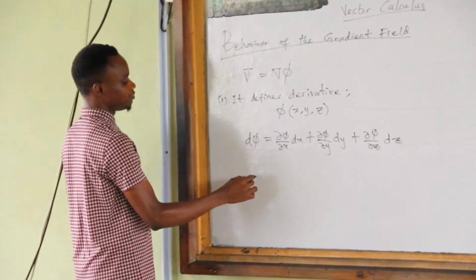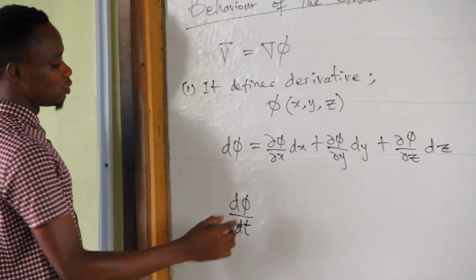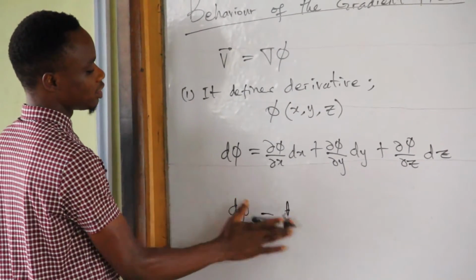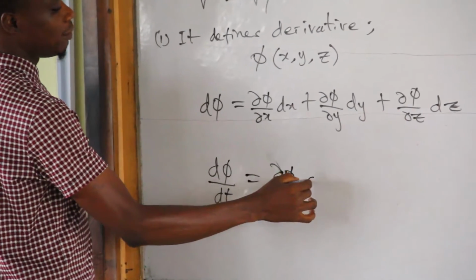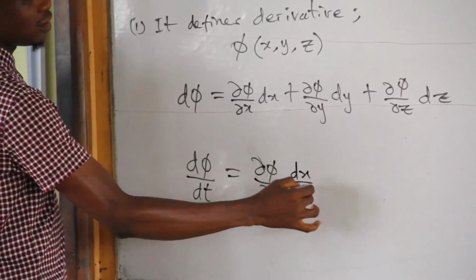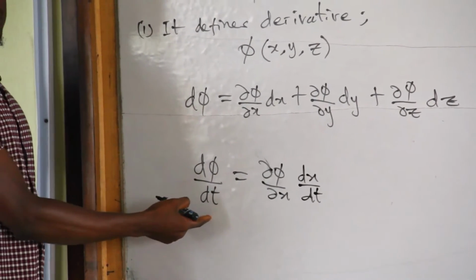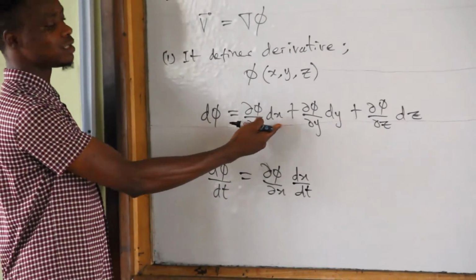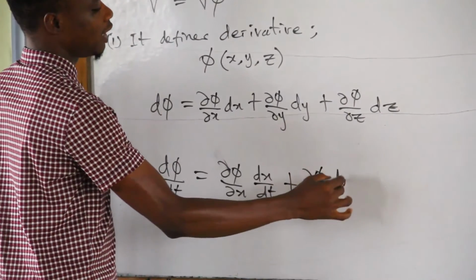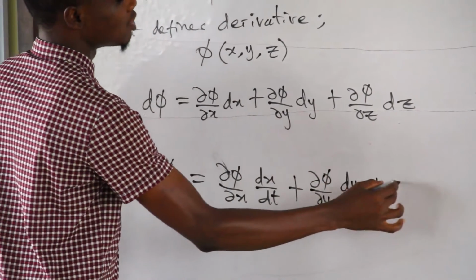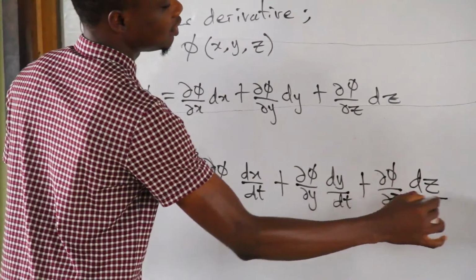For instance, if I desire the derivative of phi with respect to some parameter t, this will be given by del phi del x multiplied by dx dt, just like I'm dividing it by dt, then plus del phi del y multiplied by dy dt plus del phi del z multiplied by dz dt.